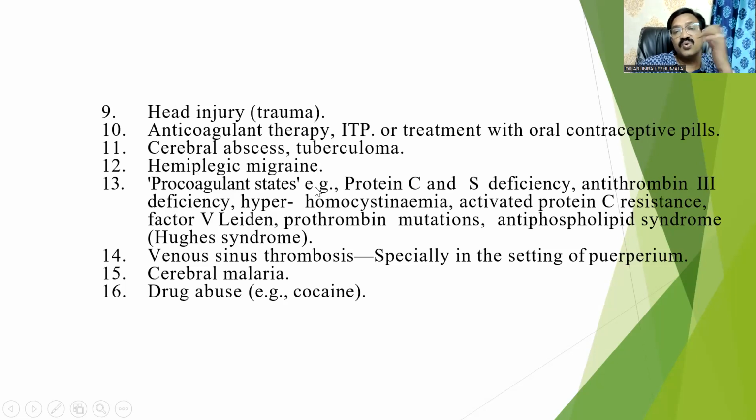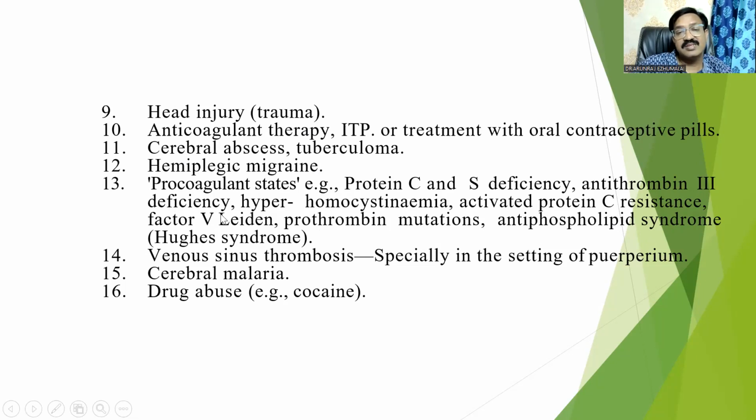In young stroke, the procoagulant states are protein C and protein S deficiency, antithrombin 3 deficiency, hyperhomocysteinemia, activated protein C resistance, factor 5 Leiden mutation, prothrombin mutation, and antiphospholipid antibody syndrome. These are the important causes of young stroke, and all these levels should be assessed.